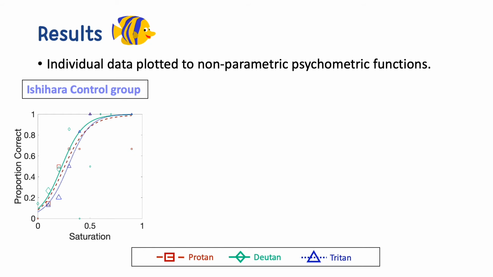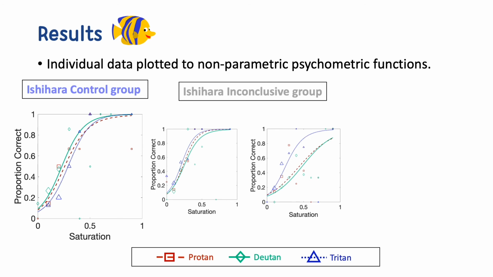And we can see that for the psychrometric function for this individual in the control group, the protan, deutan and tritan targets all have similar performance. In the inconclusive group, there was a mixture of people who performed similarly with all three targets, but we also had some participants who did perform much worse for protan and deutan targets, as you can see in this graph.